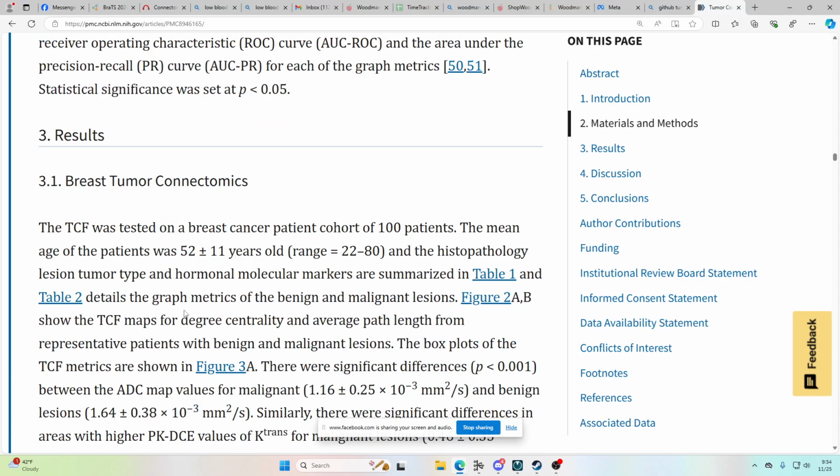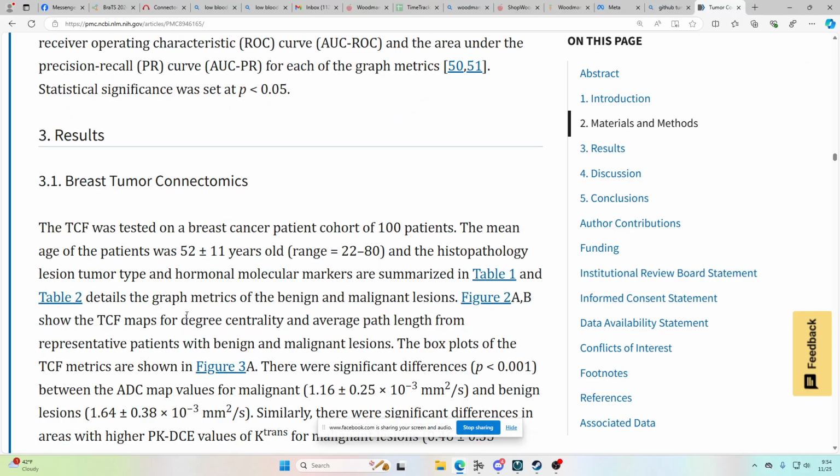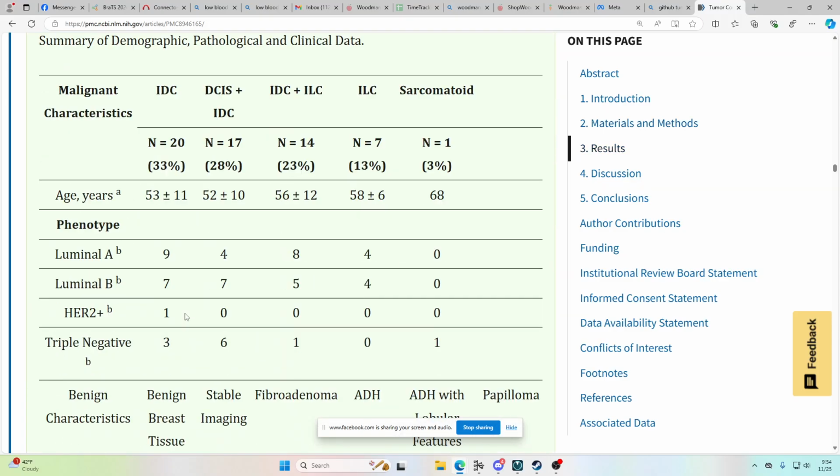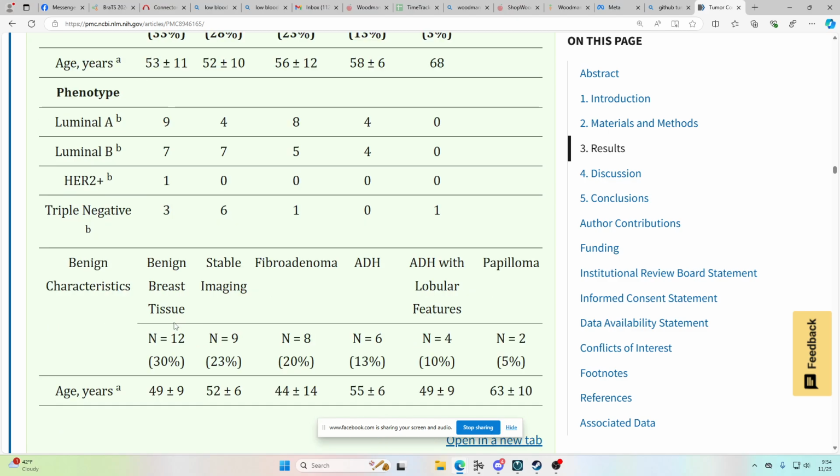Connectomics is just an analysis method where you take every voxel of the tumor and mathematically collect the various dimensions of data for each voxel and compare it to every other voxel for similarity.